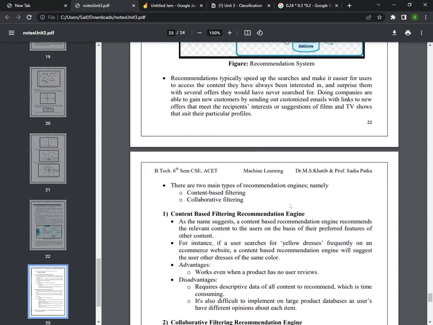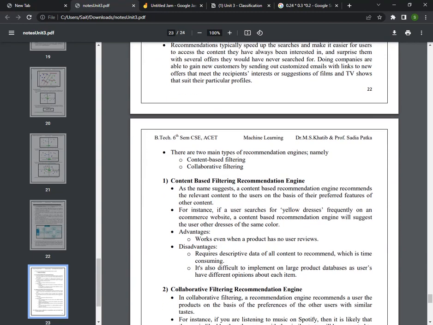Content-based is simply, if you search for watches on Google, then you will get advertisements for watches. So this observation of your own actions is called content-based filtering recommendation engine.